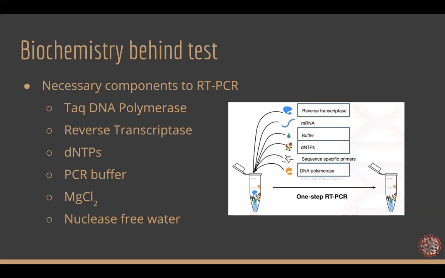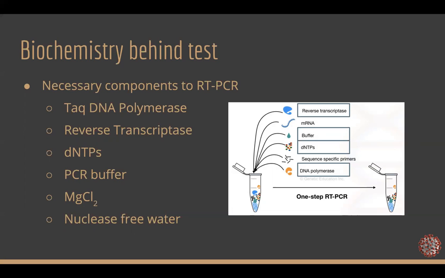The PCR buffer will allow the pH of the solution to stay within the range required by the reaction. Magnesium chloride is used to stabilize some of the free phosphate groups that are going to be found in the solution due to the reaction.